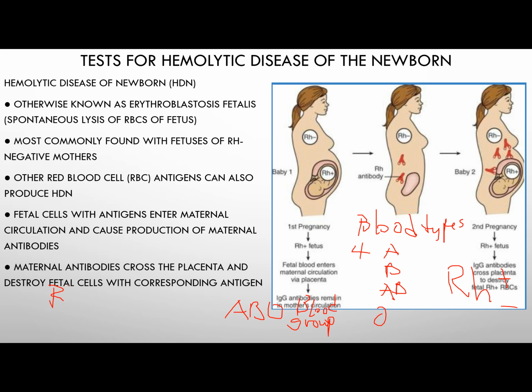If you are Rh positive, class, you have the so-called Rh antigen on the surface of your RBC. And you would have no anti-Rh antibody. So remember that. Let me repeat, class. If you are Rh positive, you have an Rh antigen on the surface of your RBC.